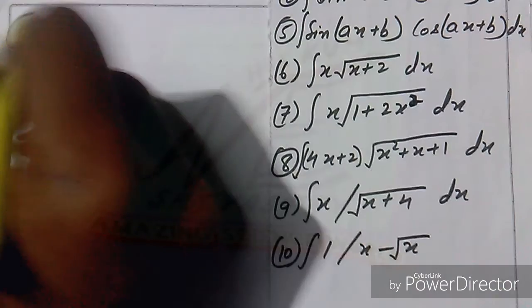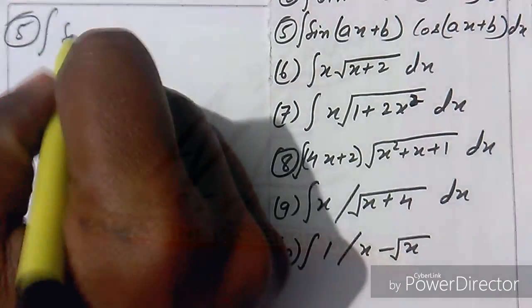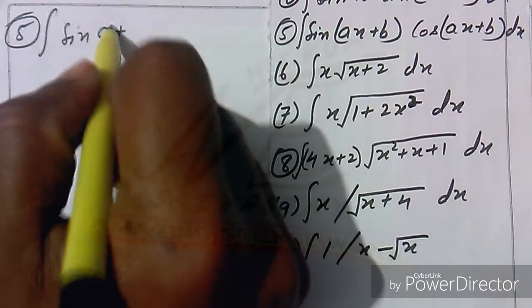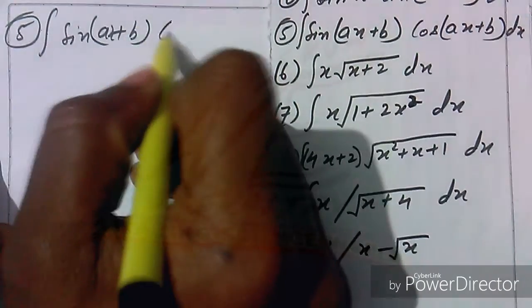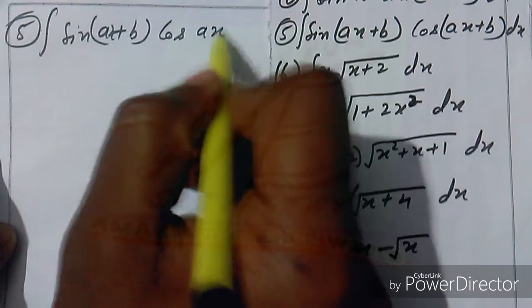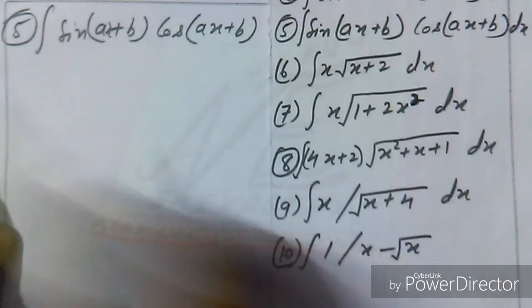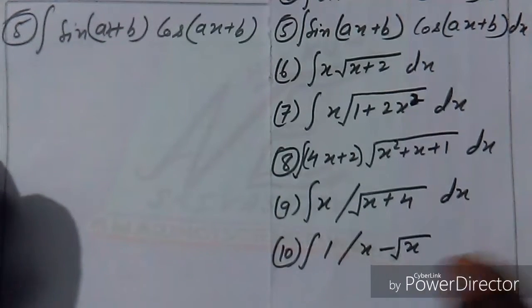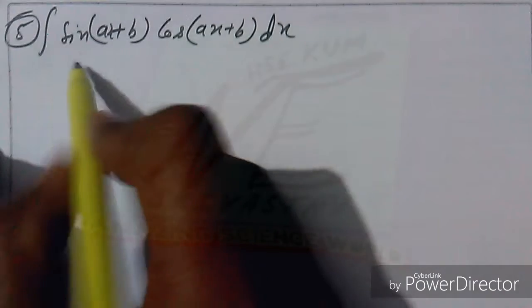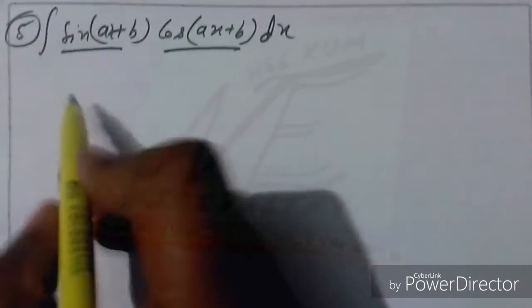It is also an easy question, in my words, because we see that both the terms are different. We take any one of them as t, and its derivative comes equal to the other.